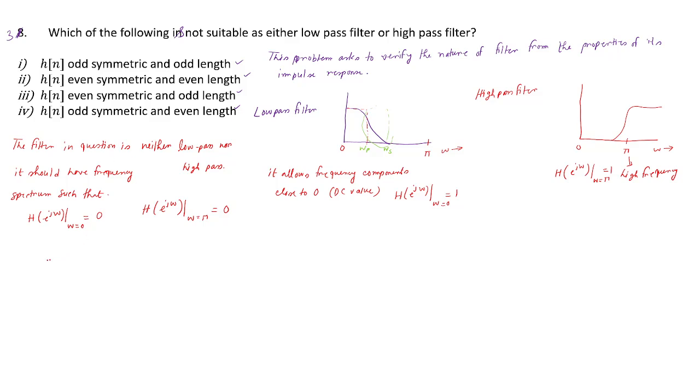So let us proceed one by one. In the first case, your h[n] is odd symmetric and odd length.